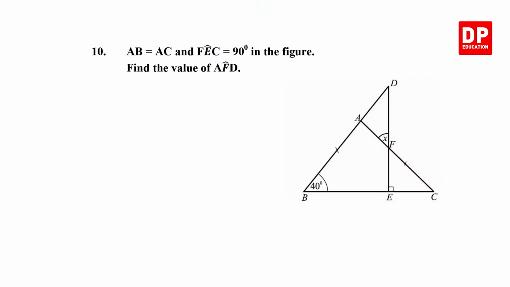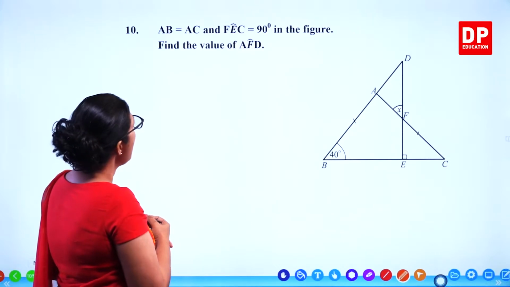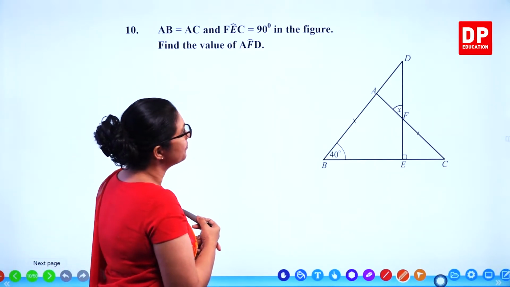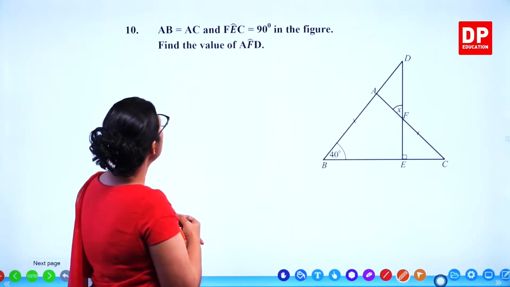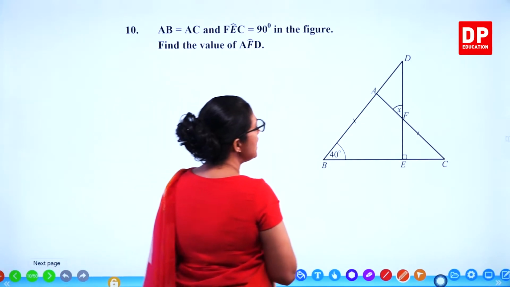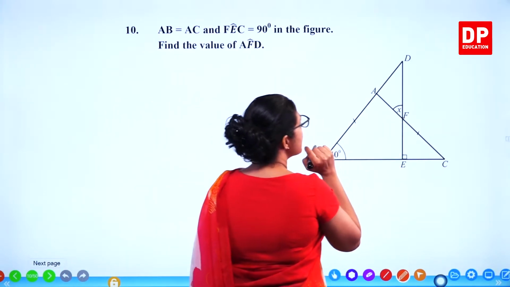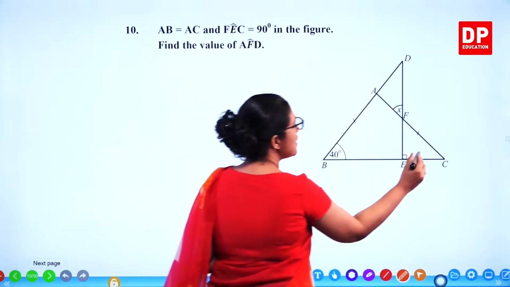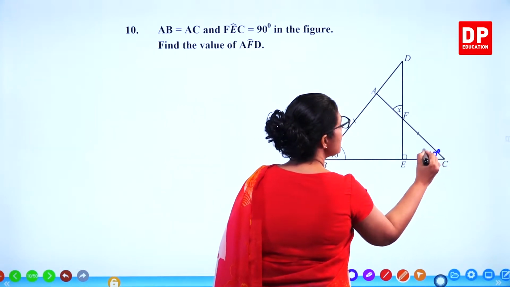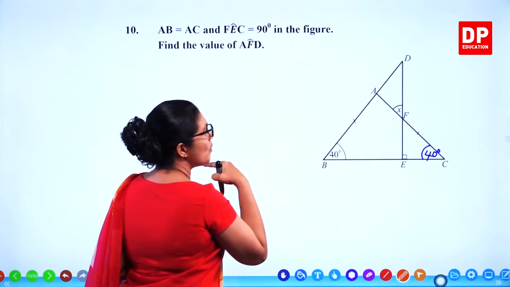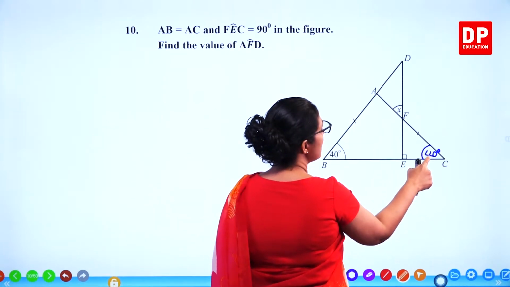Question number 10. AB equals AC and FEC is equal to 90. Find the value of AFD. So that's X. If this is 40, this is 40 because these two lengths are equal. If this is 40, this is 90.